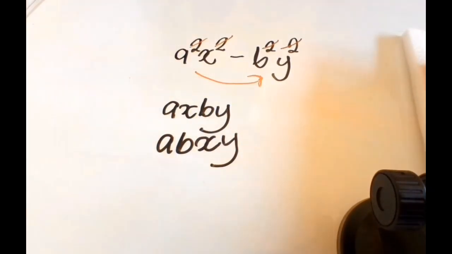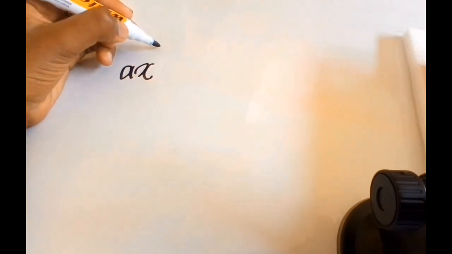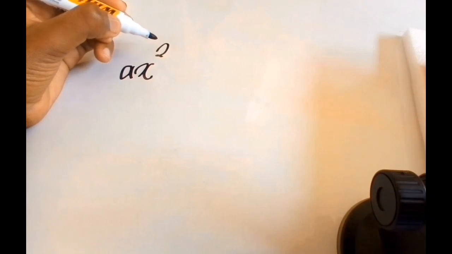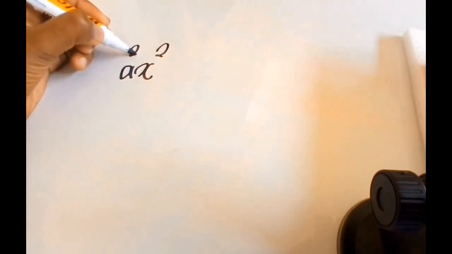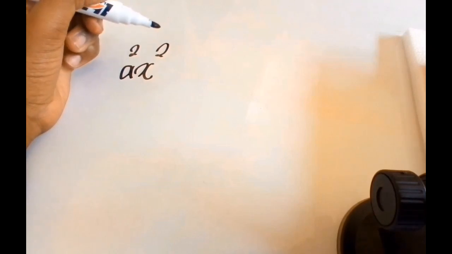Now after we have multiplied the two, since we had axby and put it in the correct way, which is abxy, we simply write the expression again. a squared x squared, and then now abxy as our product of the two.